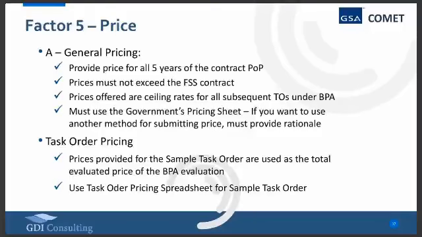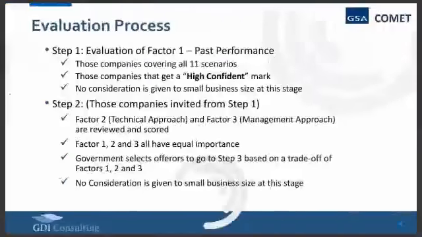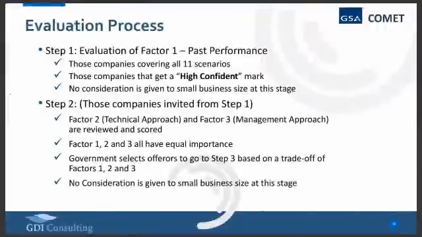So the first part is not going to be evaluated for the contract as far as the competition and evaluation factors, but the second part, this task order pricing, is going to be evaluated. And there is a separate task order pricing spreadsheet that will be sent, and you're supposed to provide the pricing on that.